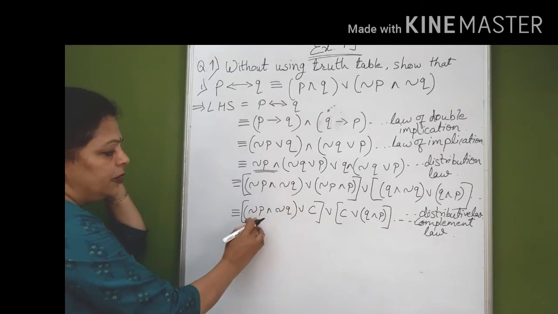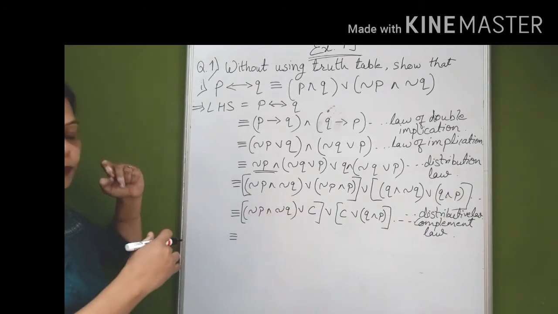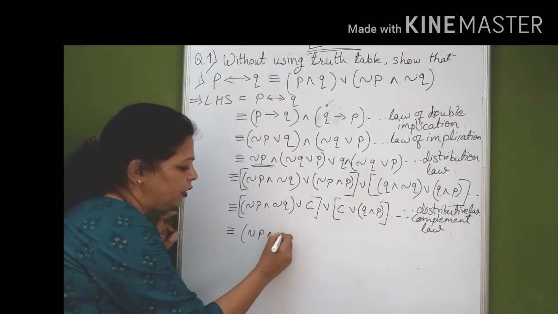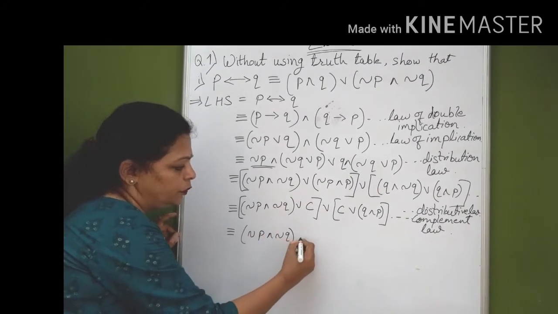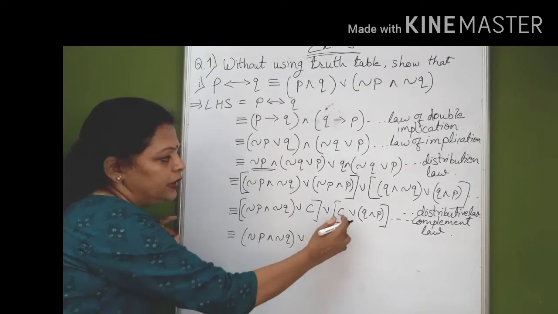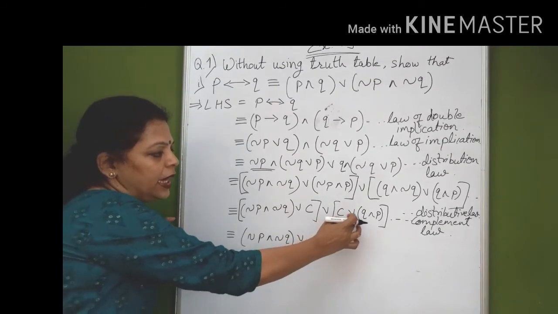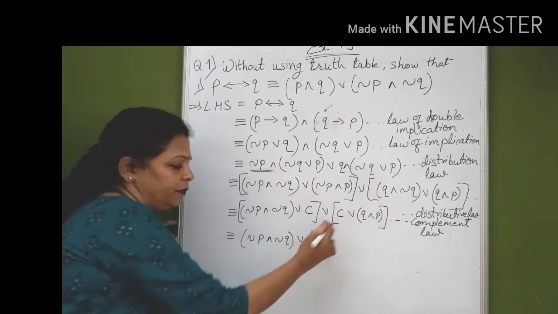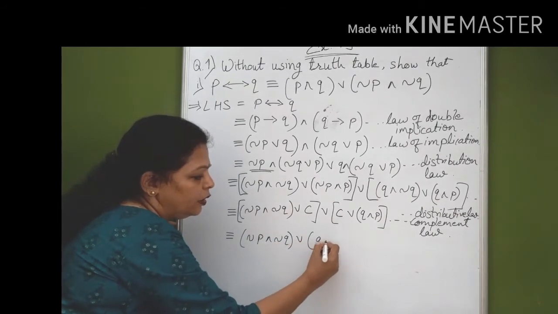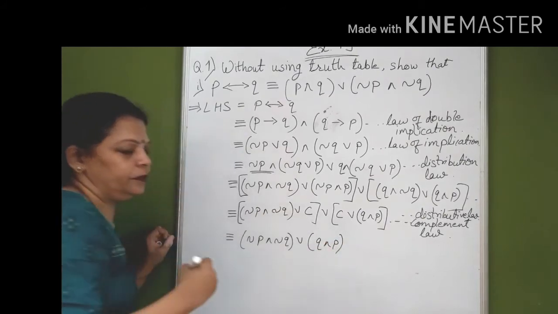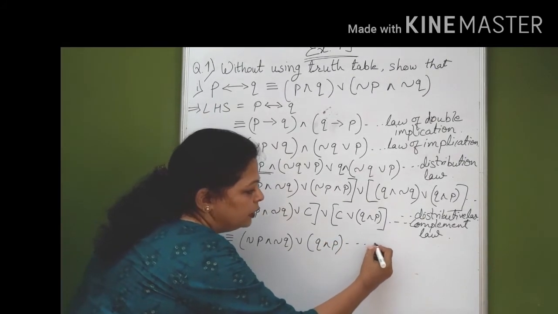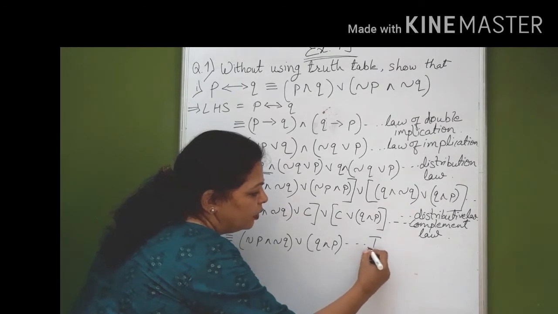So here it is negation P and Q as it is, or in this bracket again C or P. So it will be P. That means you get Q and P. What is this law? This is identity law.